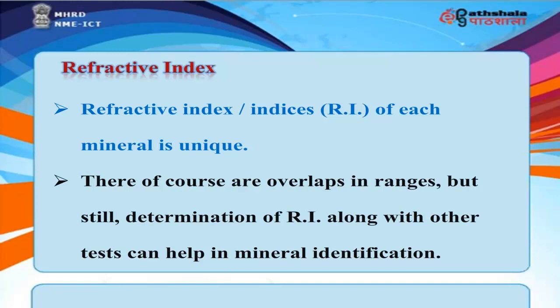Refractive index or indices of each mineral is unique. There of course are overlaps in ranges, but still determination of refractive index along with other tests can help in mineral identification.